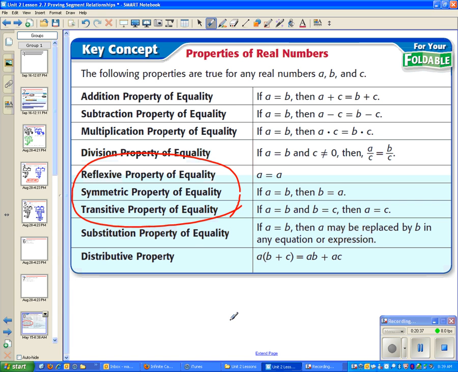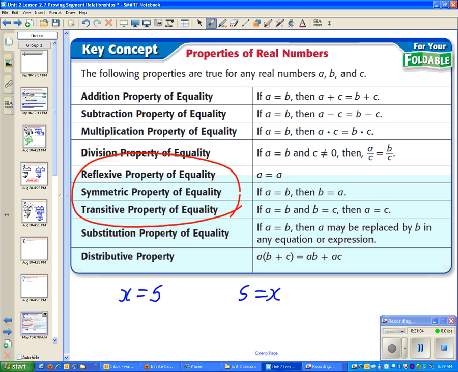If I work out an equation and I get X equals 5, and you work out the same equation and you get 5 equals X, don't you expect me to count yours correct? Yes. And why would you expect me to count yours correct? Because it's the same thing. That's what the symmetric property says. X equals 5 and 5 equals X are the same thing.